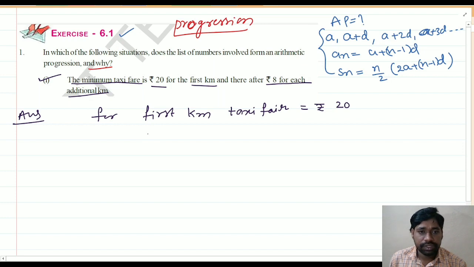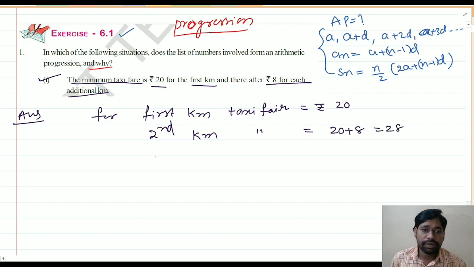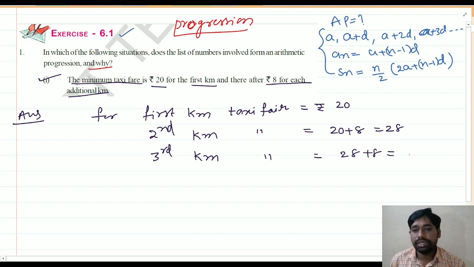For the second kilometer, the taxi fare increases by 8, 20 plus 8, it will become 28. Similarly for the third kilometer, it becomes 28 plus 8, so it will become 36.